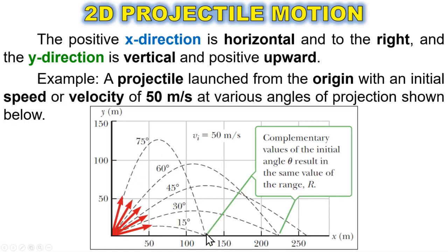If the angle chosen is 45 degrees with a velocity or speed of 50 meters per second, the trajectory of the object thrown will look like this, and it will have a longer distance to travel.